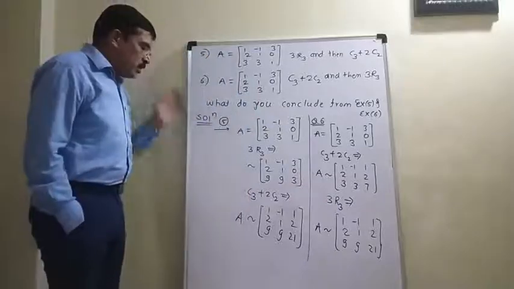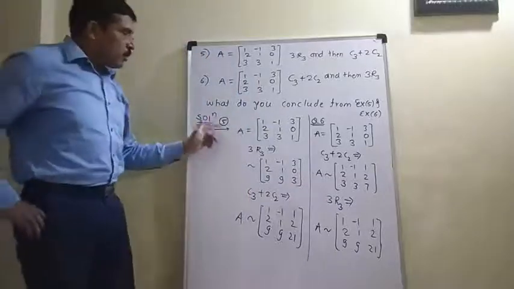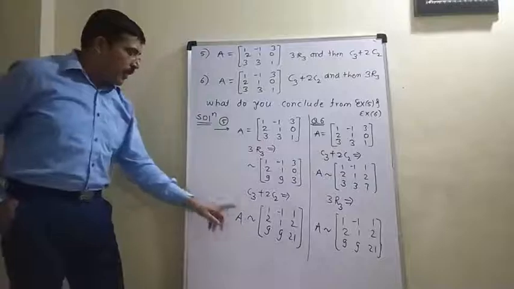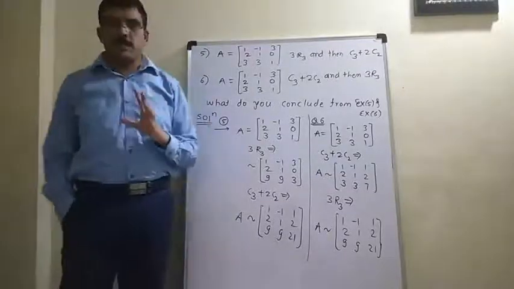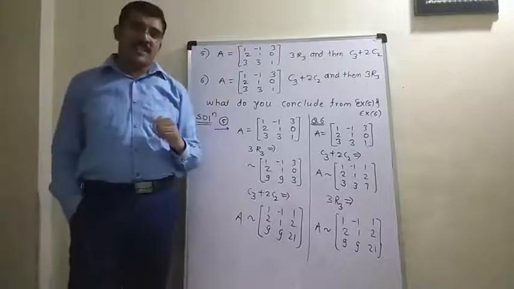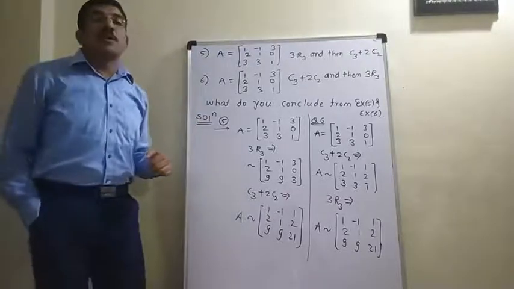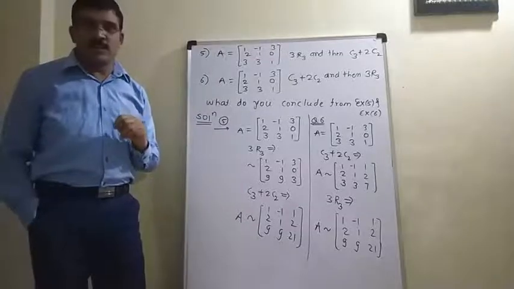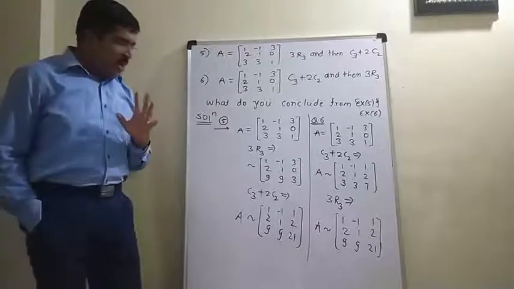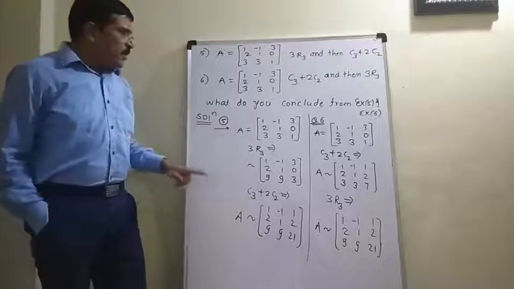Let us observe the answers of both question number 5 and question number 6. We are getting the same answer, and then how to write the conclusion here. You may say, sir, the conclusion is that the answers of both 5 and 6 are same. No, this is not the final conclusion. Let us write the conclusion.